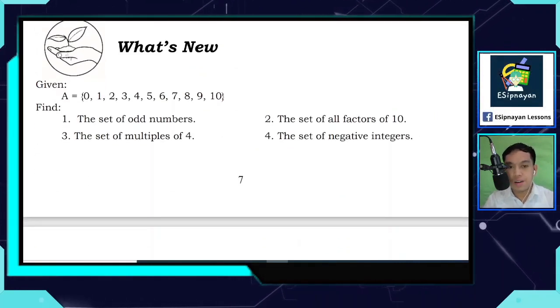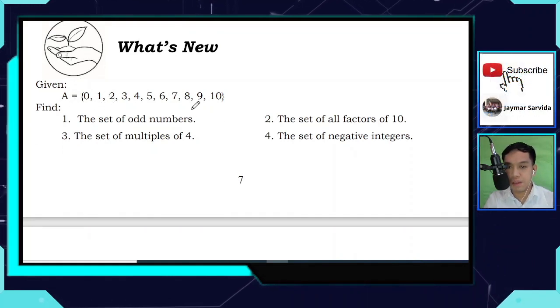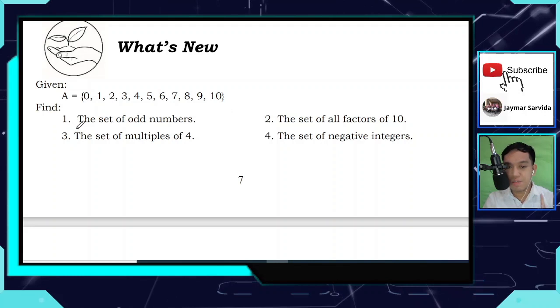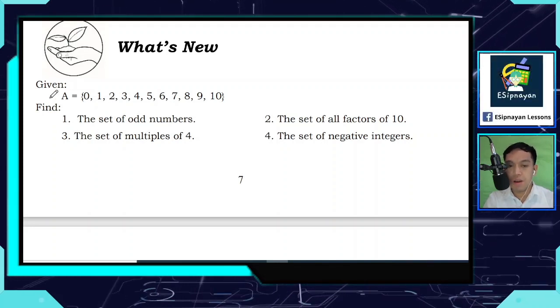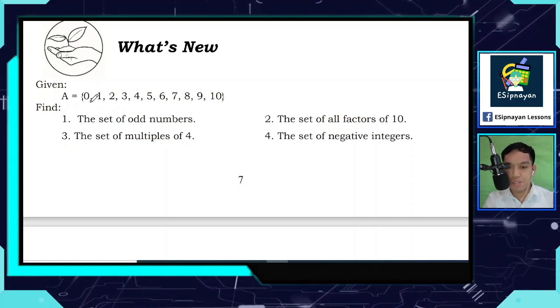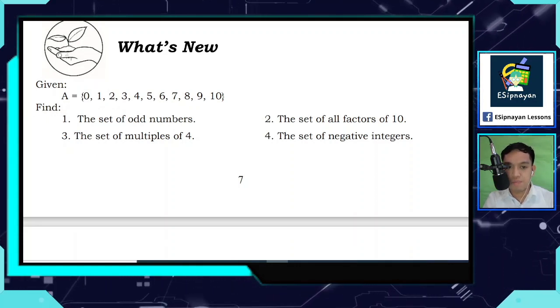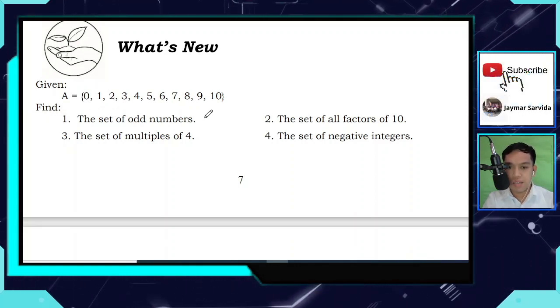Okay, here. Given we have set A containing the elements 0, 1, 2, 3, 4, 5, 6, 7, 8, 9, 10, or whole numbers from 0 to 10. Then, let's find, number 1, the set of odd numbers. Okay, so the set of odd numbers from our given, we have, so ito siya, sa ating number 1.